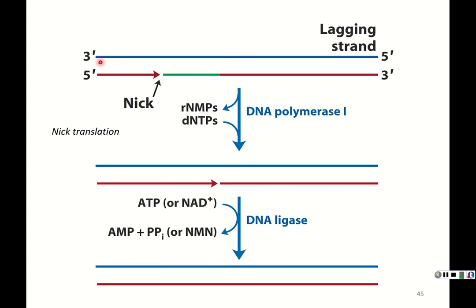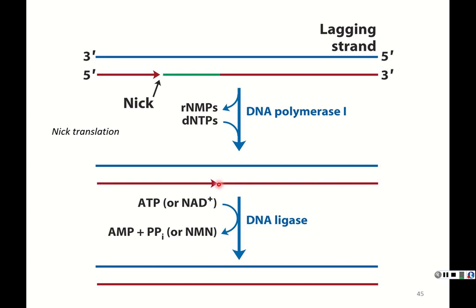So if we're looking at our lagging strand here, we'll have two different fragments, and the spot between them would be referred to as a nick, where they're not connected together. That green, again, is RNA. That's the primer. DNA polymerase I will go through there and replace that RNA with DNA.